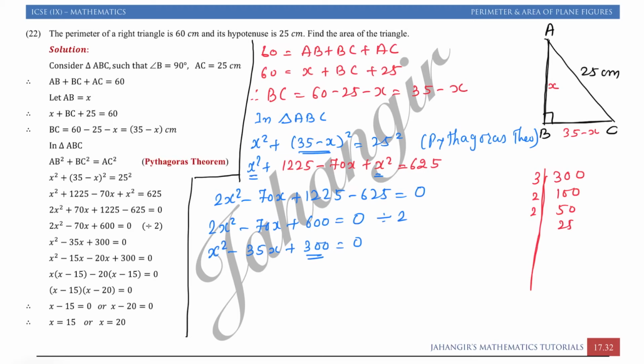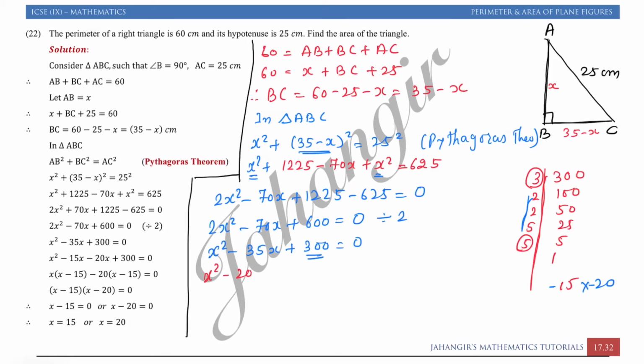So let us make a pair of these factors. If I am taking 5 into 3, 15, and the remaining factor as 2 to the 4, 4 5s are 20. So 15 into 20 will become 300, and if I am taking minus 15 minus 20, it will become minus 35. So we will split the middle term.